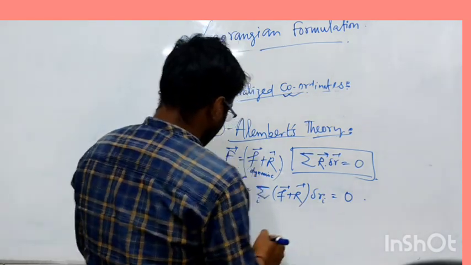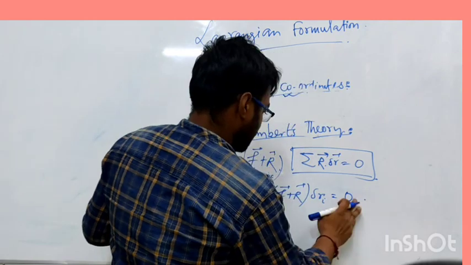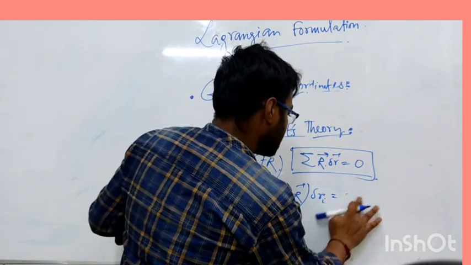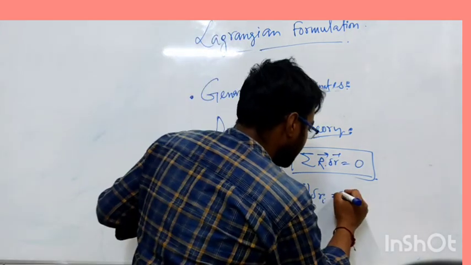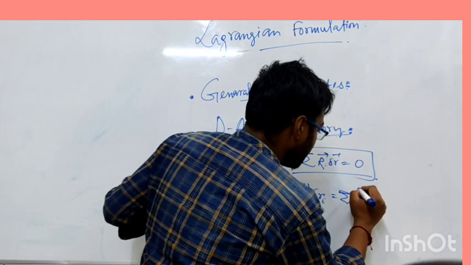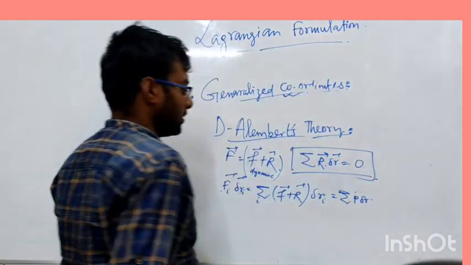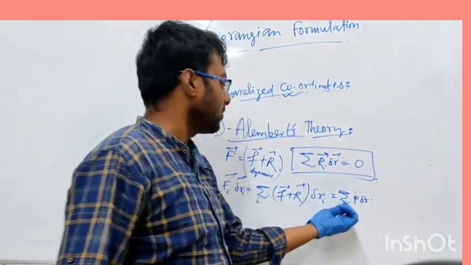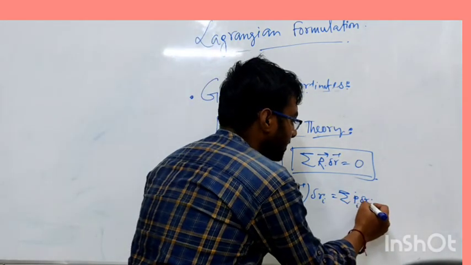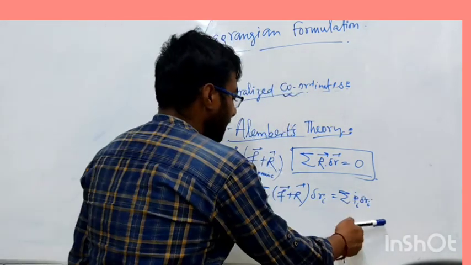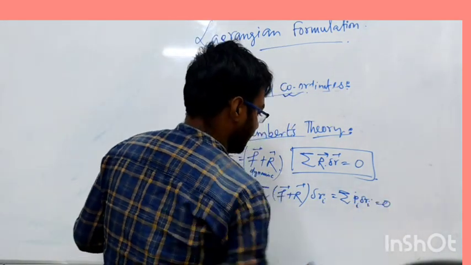This will be equal to the summation over E dot del R, the rate of change of momentum of the individual particle, times del R, which should be equal to 0.